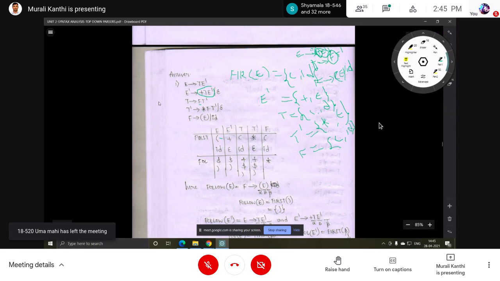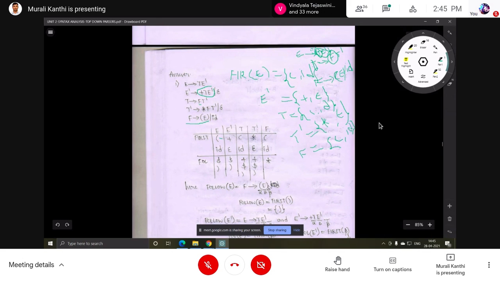In this grammar, which production has E on the right hand side? Here only one production, F implies E within opening and closing parenthesis. E is there, so consider that one.